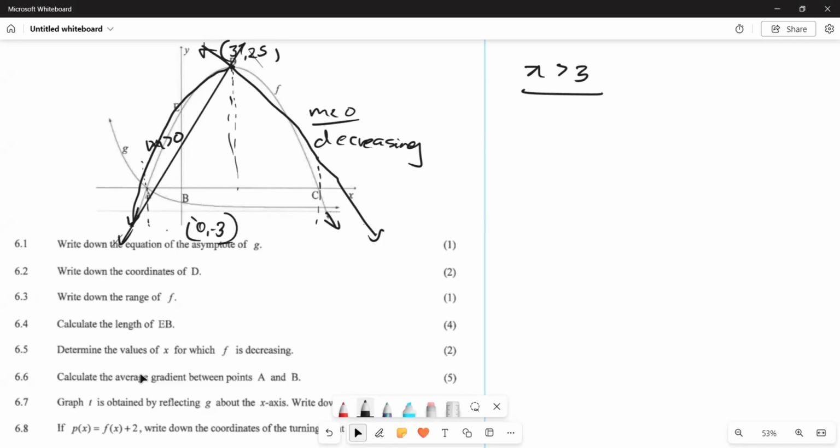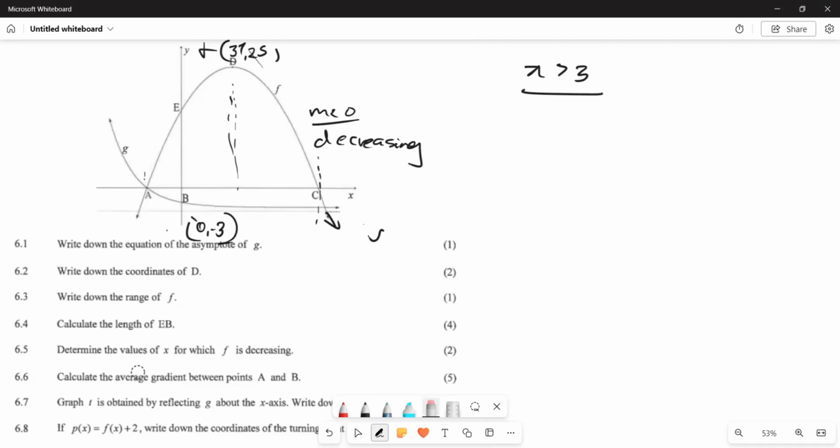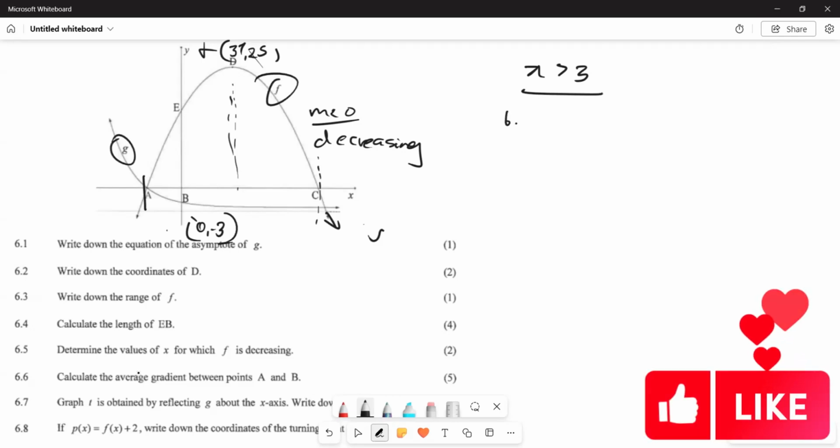For example, your point A, let me just erase here. If you look, point A is the x-intercept for both the graph of g and the graph of f, which means you can use either of those graphs to calculate point A. So let's say we use the graph of f.